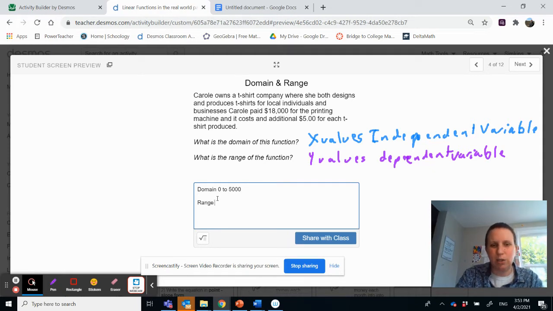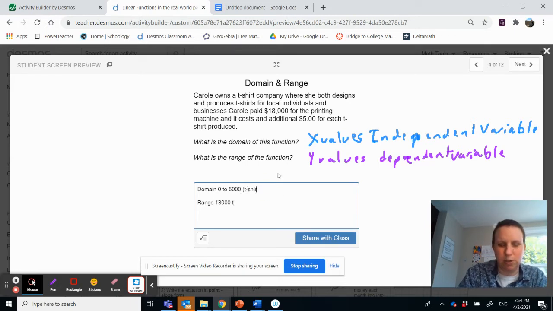And the range is how much money she would have to spend in order to print 5,000 t-shirts, okay? So she could spend $0, but actually she couldn't because she's got that start value. So the least amount of money she can spend is, well, let's put the units here.